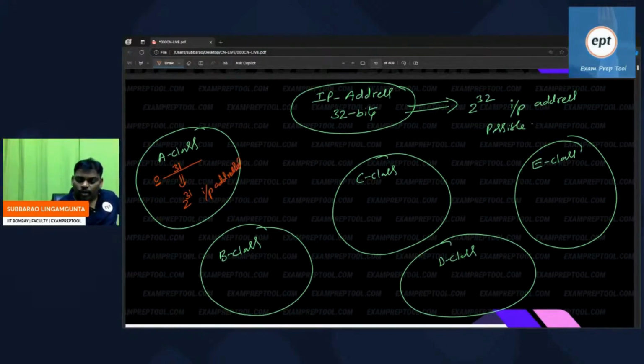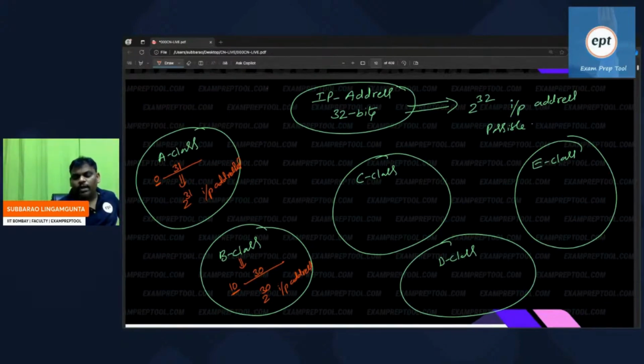If you go to class B, first two bits are 1 0, fixed. Remaining 30 bits, you can write whatever way you want. 2 power 30 IP addresses possible. See, fixed part, variable part.